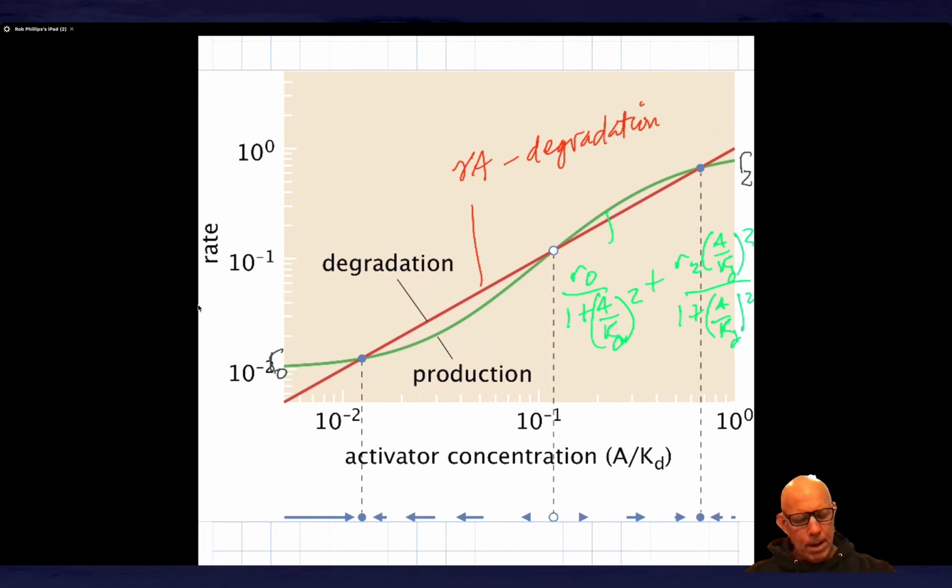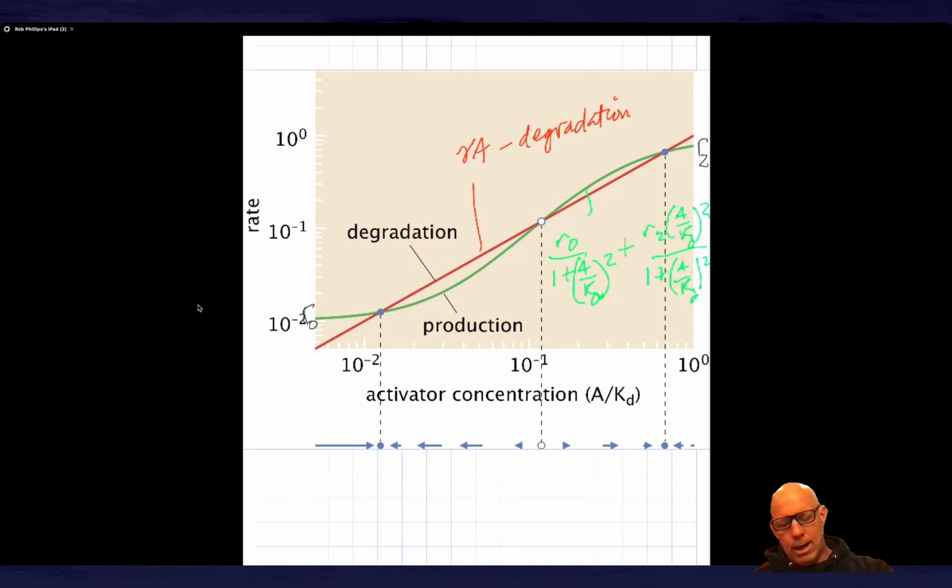You can see that because we write the stable fixed points as filled circles. And this one is unstable because it is the point where the arrows point away from it. The length of the arrows is telling you about the magnitude of the drive, the magnitude of dA by dt in the next time instant. So this system has three fixed points.